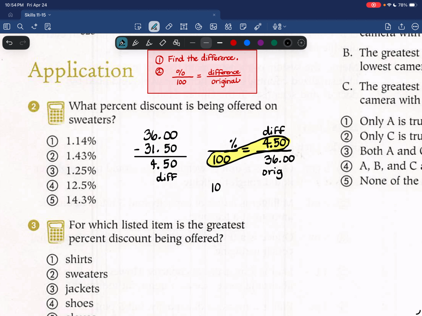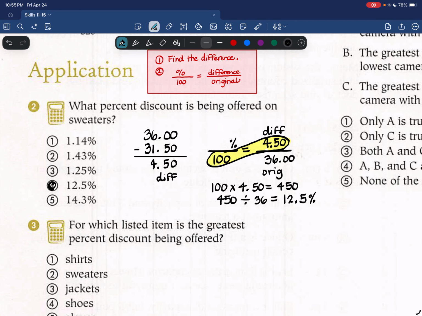So 100 times $4.50 equals $450. And $450 divided by 36, or 36.00, you can do it either way. $450 divided by 36 is 12.5%.